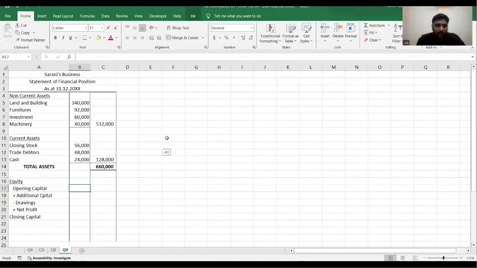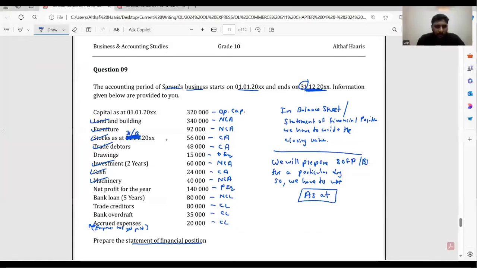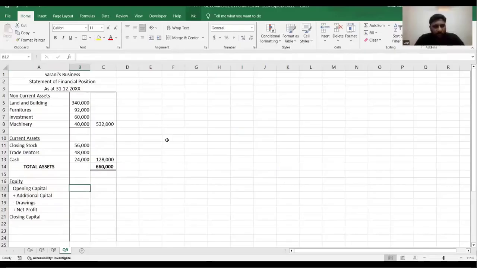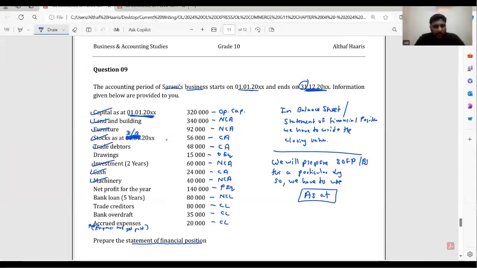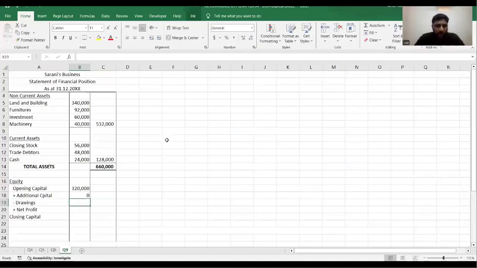So let's take the opening capital, 320,000. This is opening, 1st January. No additional capital information is given in the question, so we'll assume it's 0. And drawings they have given 15,000. Drawings will reduce the equity, minus 15,000.